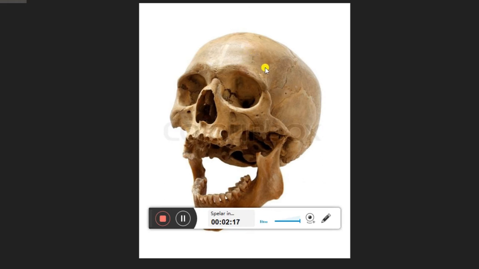As I told you, the skull has about 22 bones, of which 8 are in the upper part of the head. These bones have immovable joints, which means the shape of the head remains as it is and does not move because the joints are immovable.